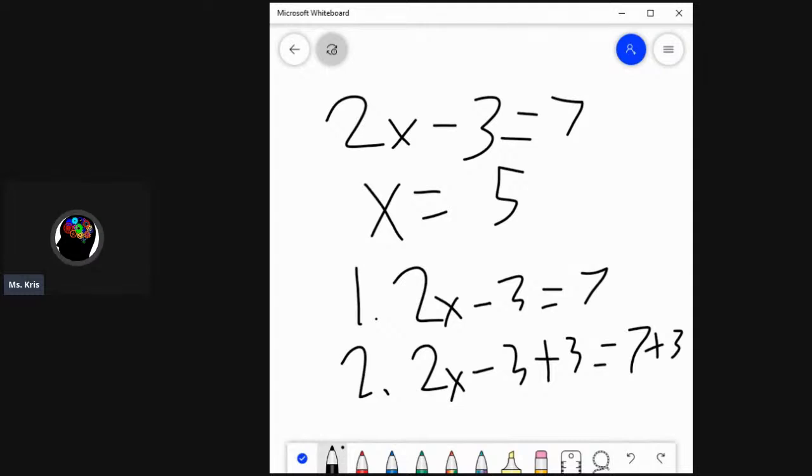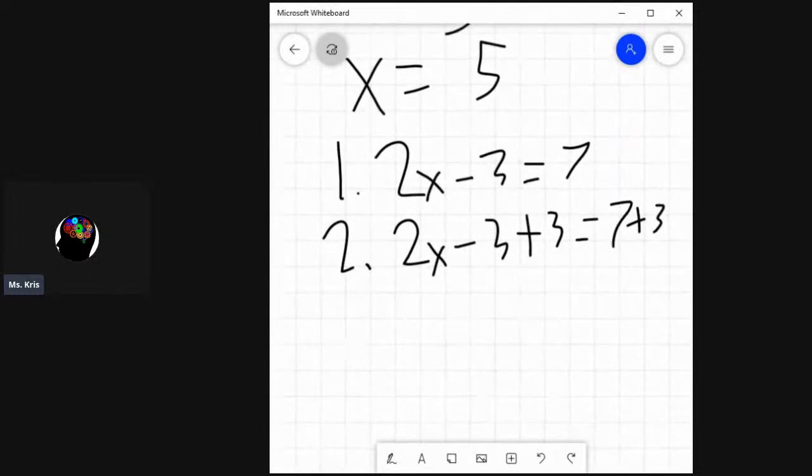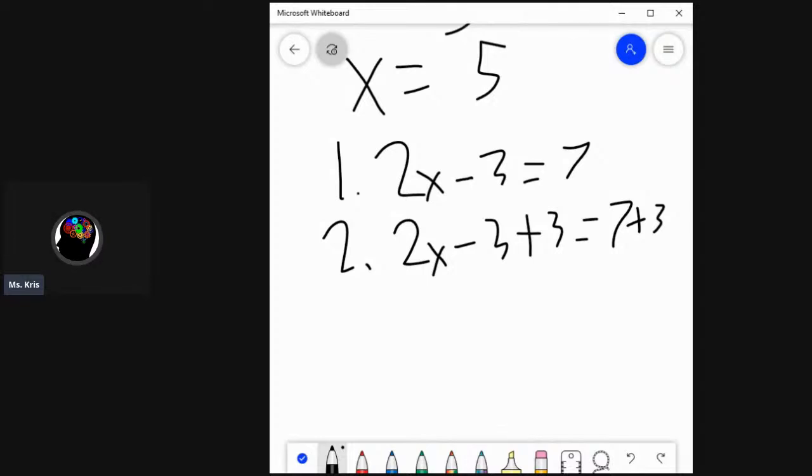Adding 3 on both sides in a proof is called the addition property. Remember earlier we said if A equals B, then A plus C equals B plus C. So what you do on one side, you do on the other side, right? So the first one is given. The second one in the proof is addition property of equality.